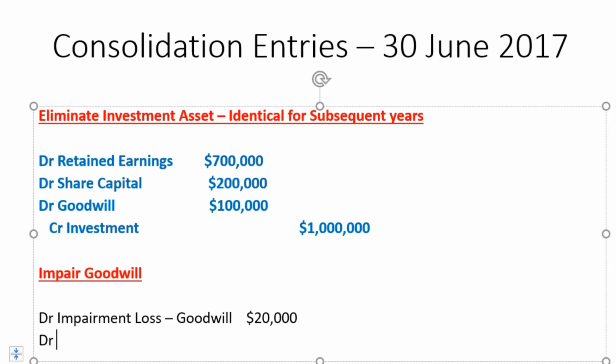And we also need to recognise the $30,000 that we impaired last year. To do this, we're going to debit retained earnings, the opening balance, for the $30,000 that we impaired. The reason we do this is because the impairment loss goes through the profit and loss.